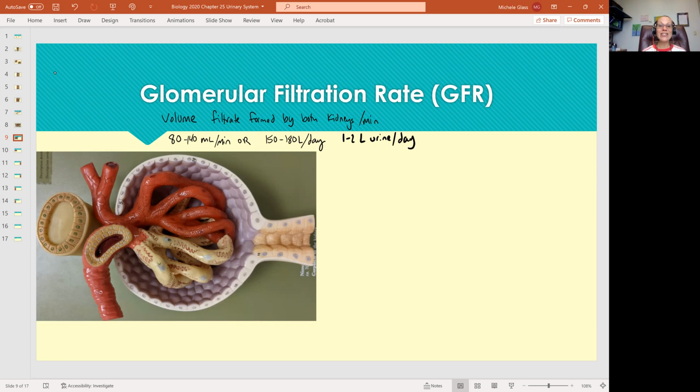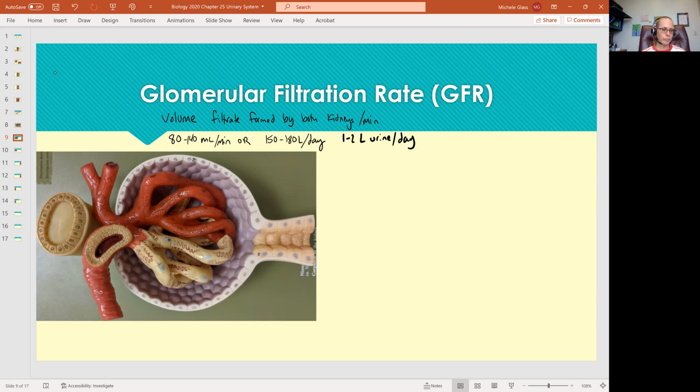So clearly, we're pushing out way more fluid from the glomerulus than what we are actually making to exit the body, right? So there's going to be a lot of returning of material, or what we're going to be talking about as reabsorption, and we'll define that again in the future.